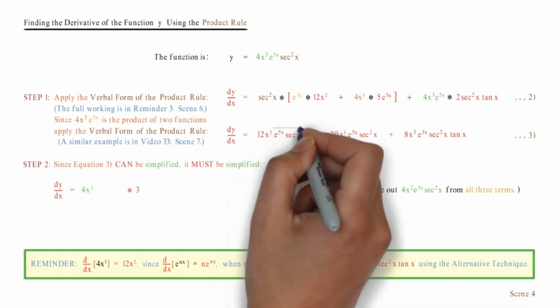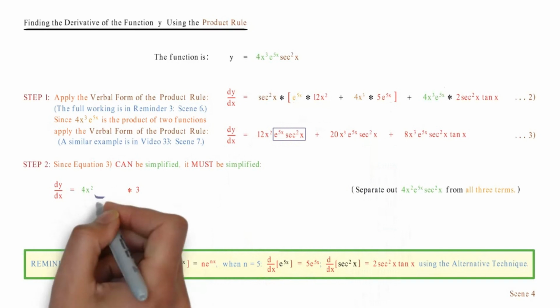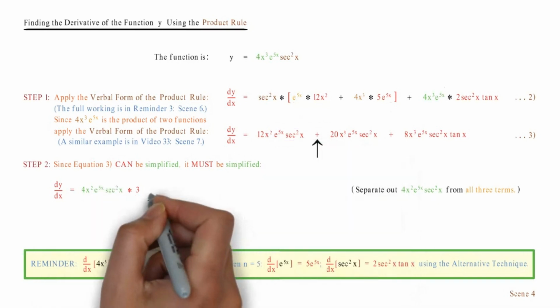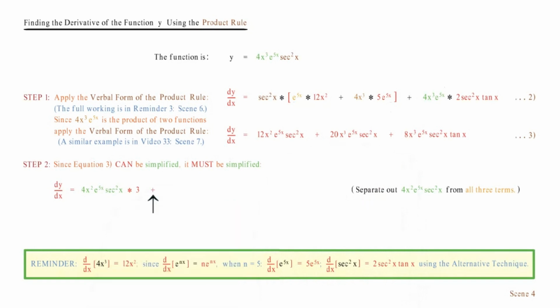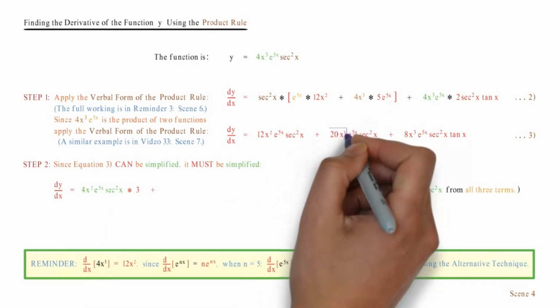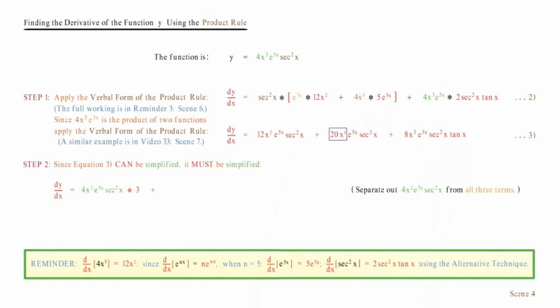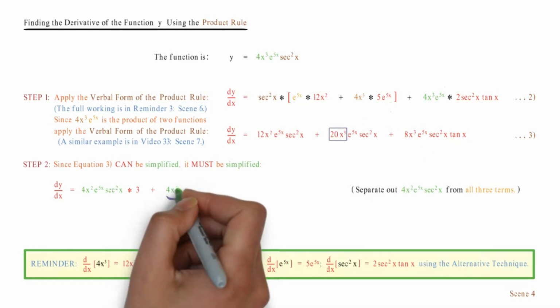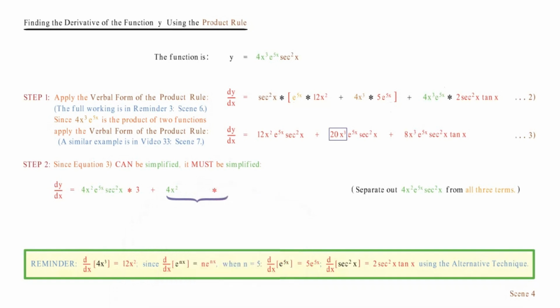Bring this expression down. Plus is plus. Bring 20x cubed down as 4x squared times 5x.